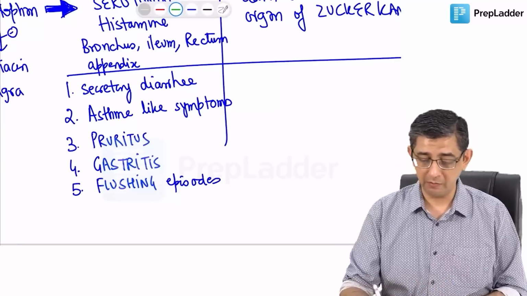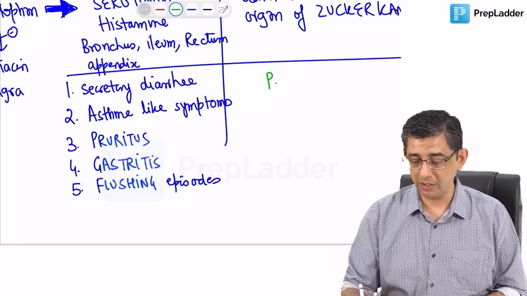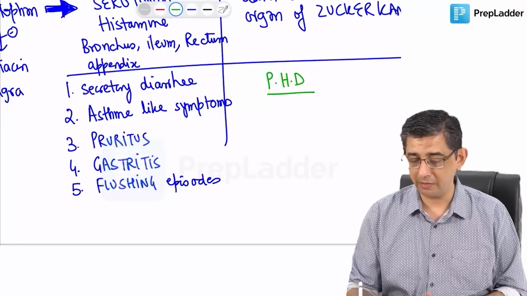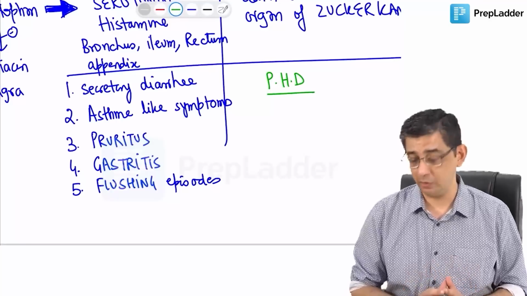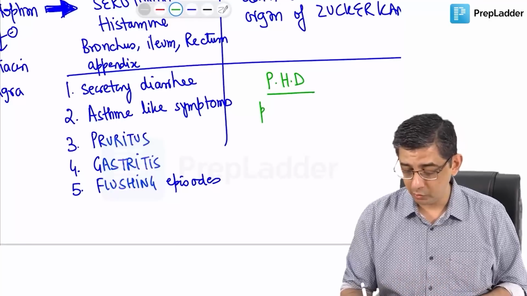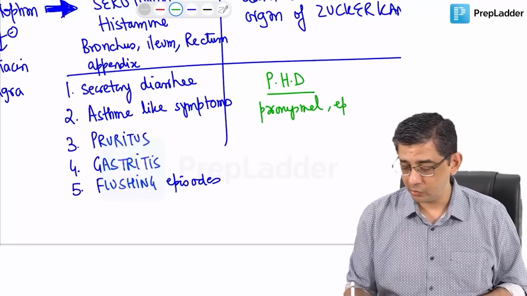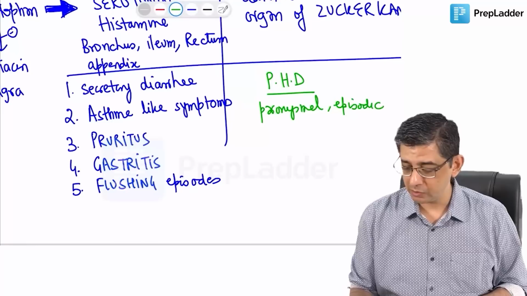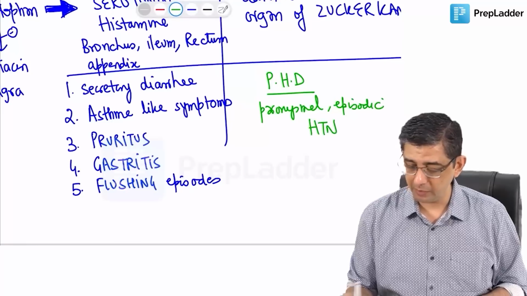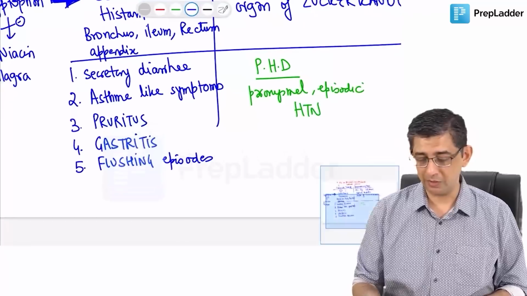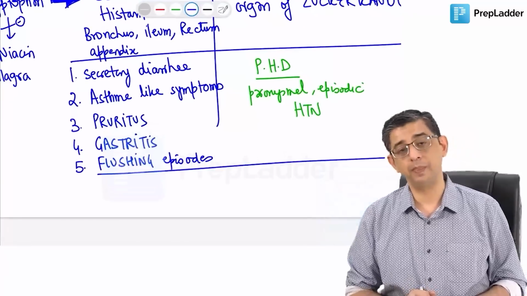Whereas for the right hand side, I've already sensitized you to PHD, that is palpitations, headache, and diaphoresis. The headache is primarily due to hypertension. Either he will use the word paroxysmal hypertension or he might use the word episodic hypertension. So if either of the two terminologies is written, you should understand that the question is dealing with pheochromocytoma.